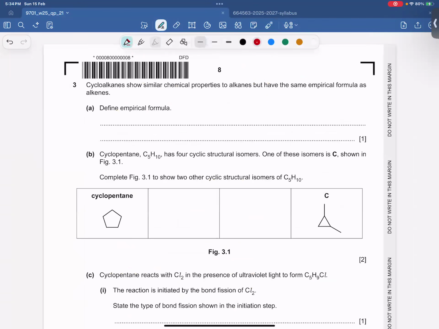Cycloalkane is basically a saturated hydrocarbon. It also shows similar chemical properties to alkanes but has the same empirical formula as alkene. Define empirical formula.